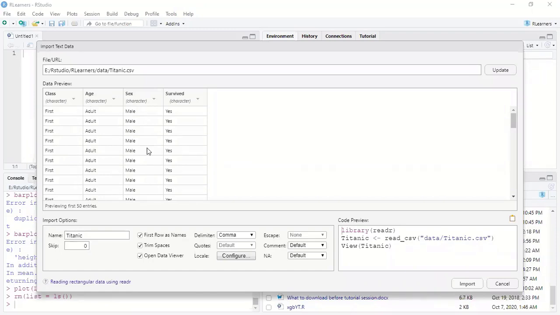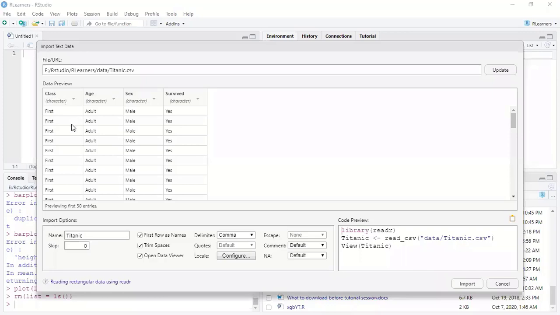Therefore, we want to convert these characters into categorical variables. We want to convert them into factors. And the first variable here is class. Which class did each of the individuals on that ship occupy?